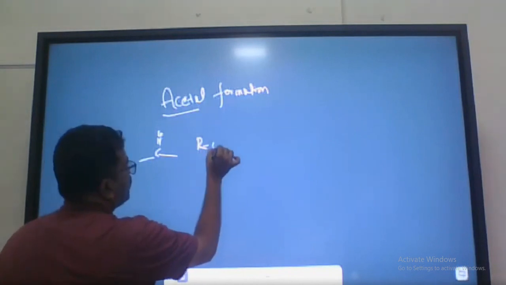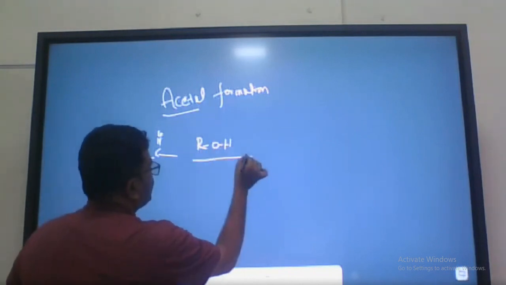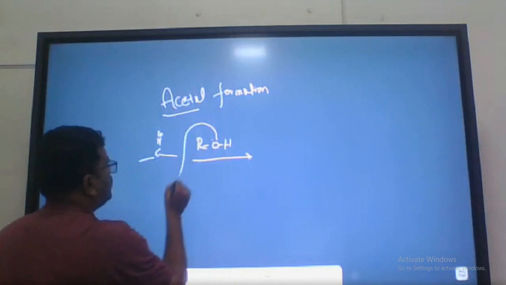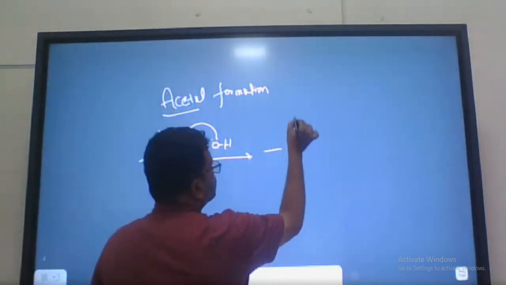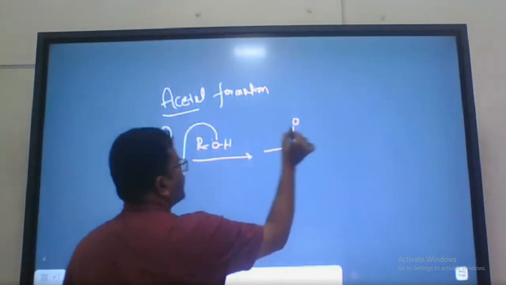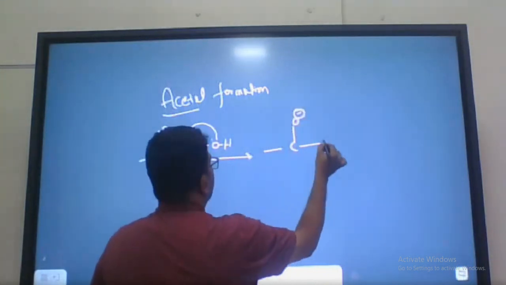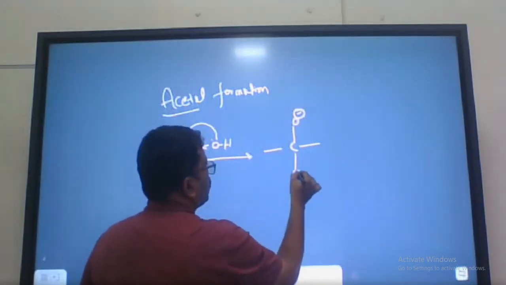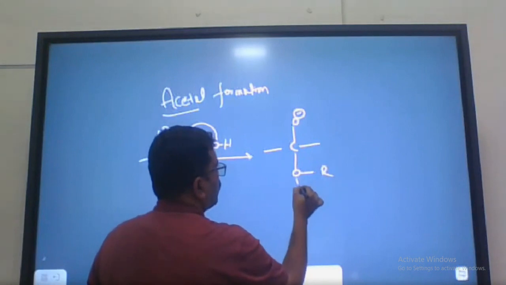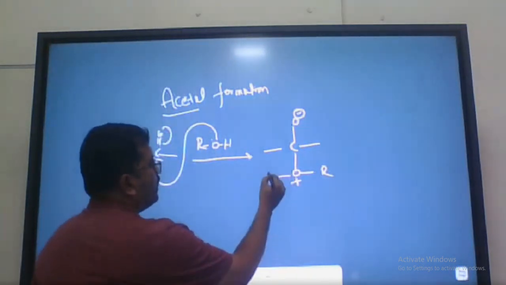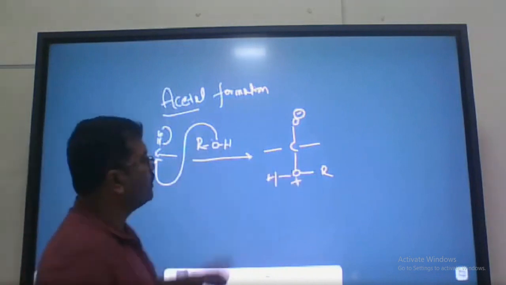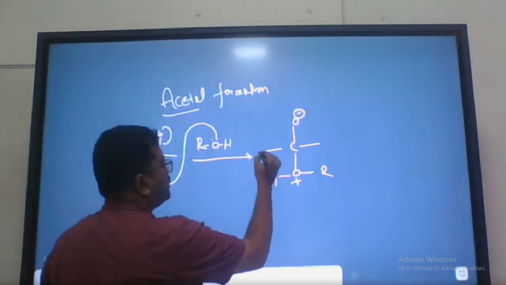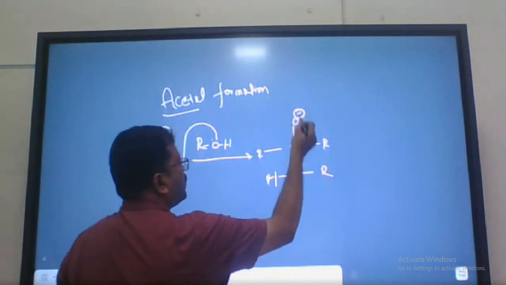First add alcohol. In the first step, it attaches to this carbon and forms this. So this is the mechanism: the negative, and this is O plus, and this is H. So this H, O, R. Take any alkyl group.